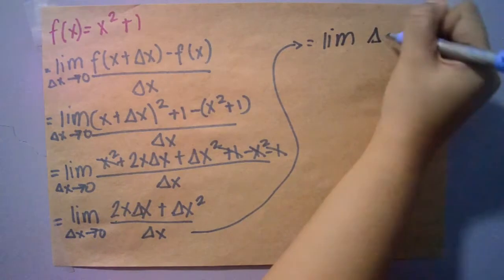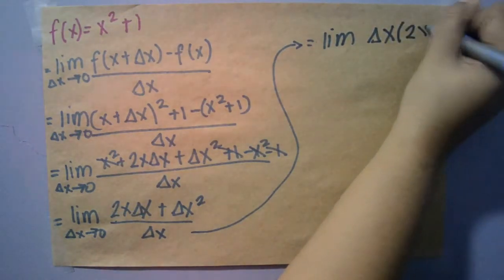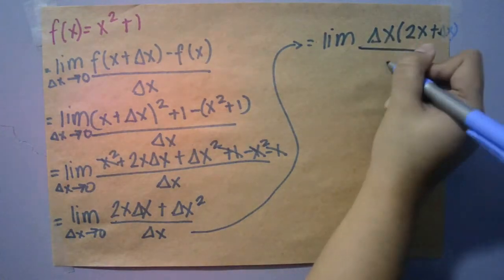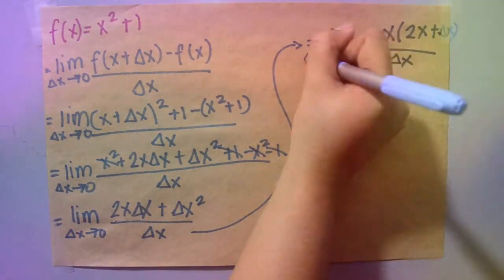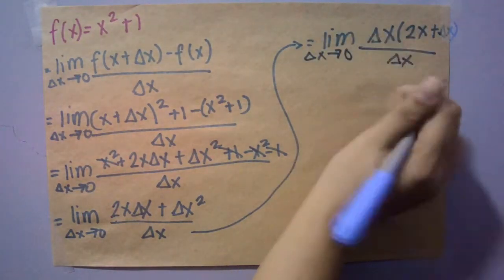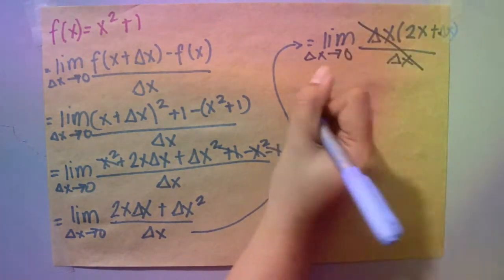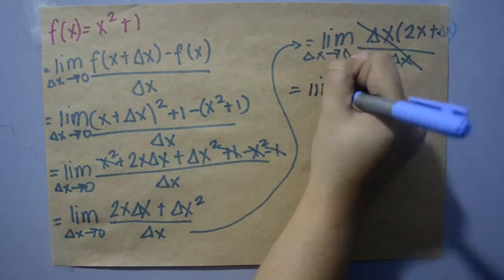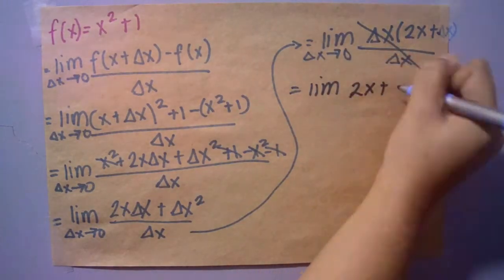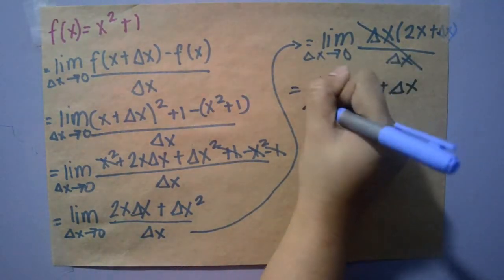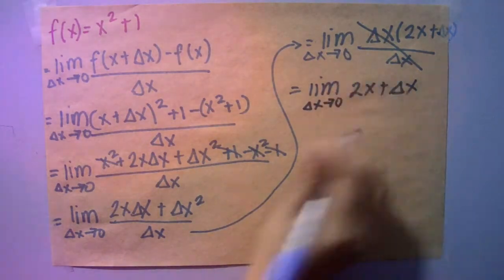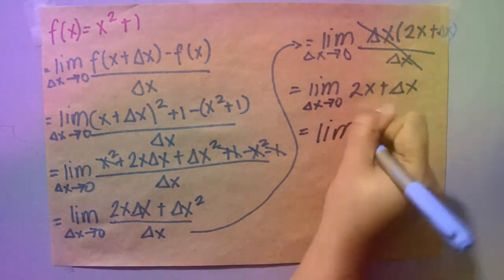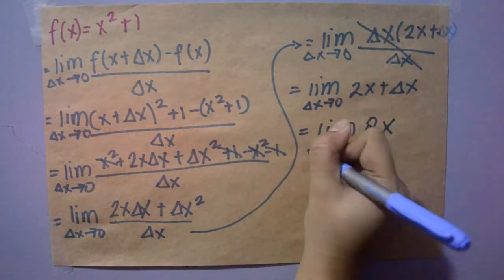So it becomes limit of delta x times the quantity of 2x plus delta x all over delta x as delta x approaches 0. Cancel delta x. So we now have limit of 2x plus delta x as delta x approaches 0. Since delta x approaches 0, what we have is 2x plus 0, simply 2x.